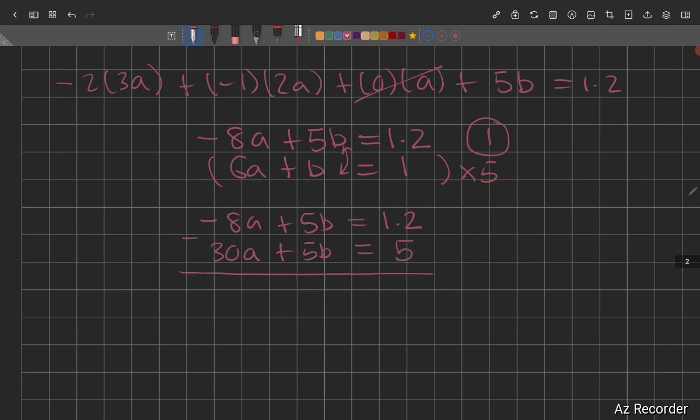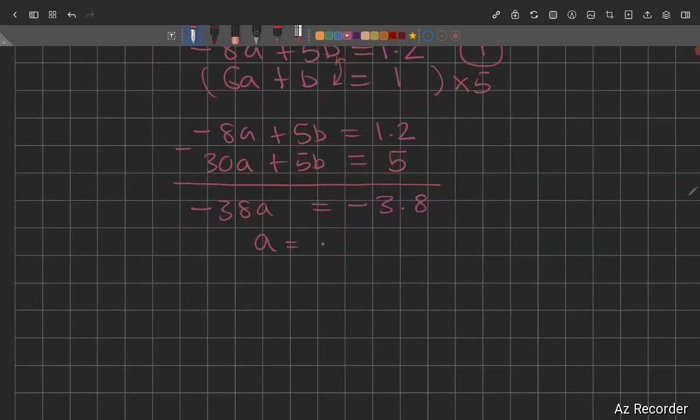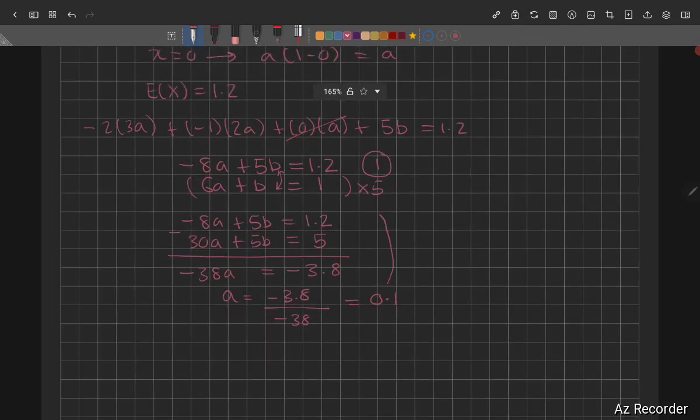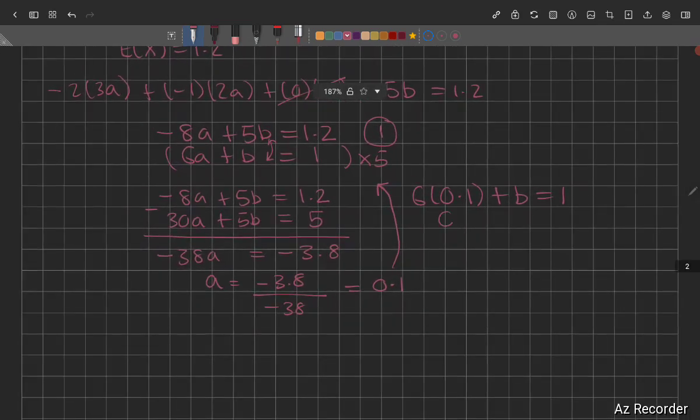If we subtract, we get -38a = -3.8. Then a is equal to -3.8 over -38, which equals 0.1. Then we plug this value of 0.1 back into this equation: 6 times 0.1 + b = 1. So 0.6 + b = 1, and b is equal to 0.4.